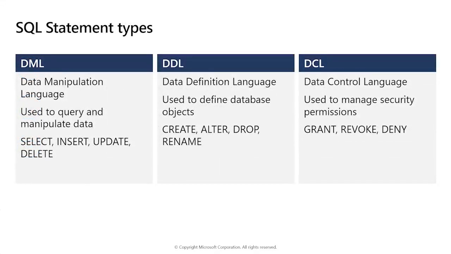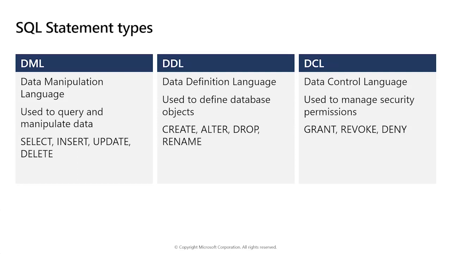When it comes to SQL statement types, there are 3 categories you should know about. The first one is DML, or Data Manipulation Language, then DDL, or Data Definition Language, and DCL, Data Control Language. DML statements are used to query and manipulate data.